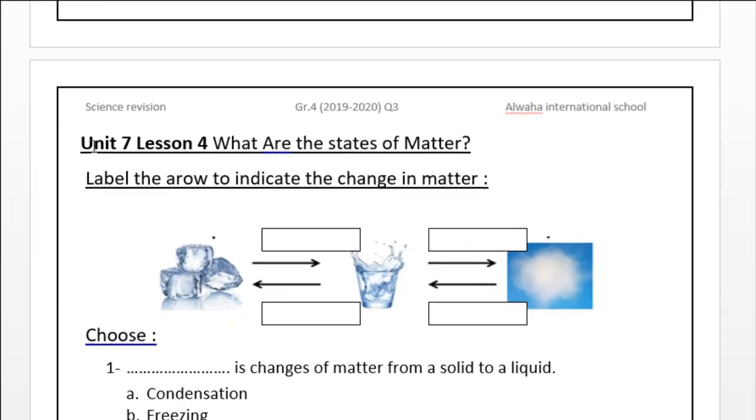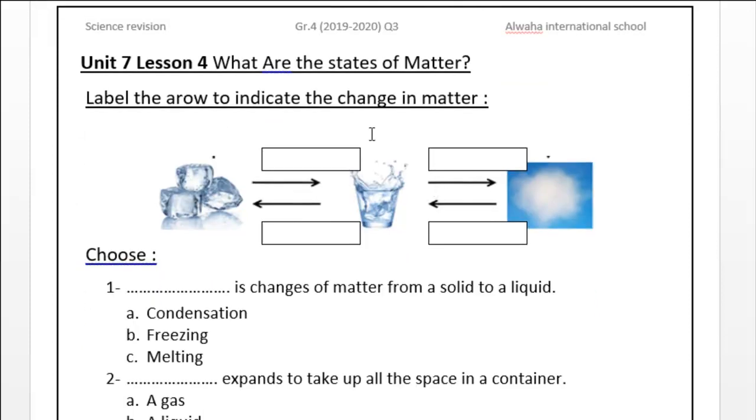Now, Unit 7 lesson 4. What are the states of matter? Label the arrow to indicate the change in matter. Here he wants us to indicate what change of matter happened. Here we have ice, liquid water, and water vapor. So, from solid to liquid, this is called the melting process.